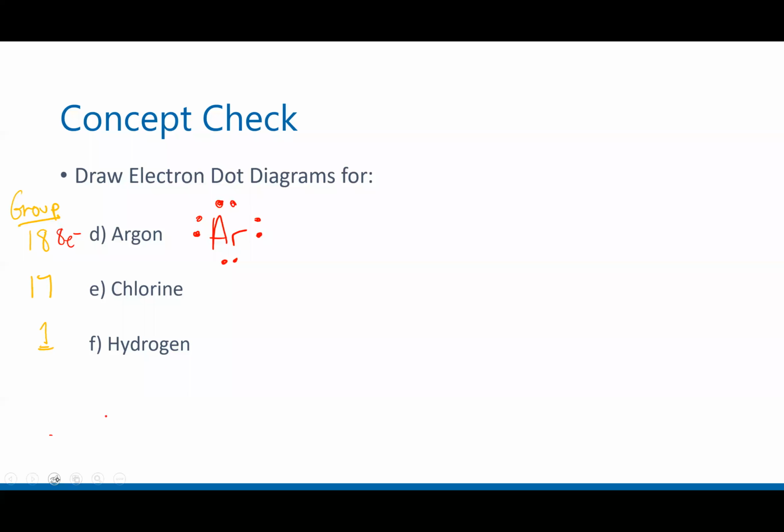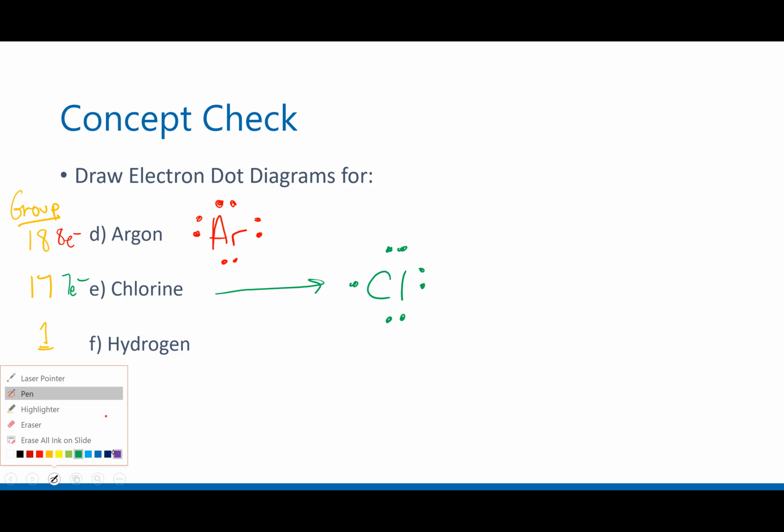Okay, chlorine, and I'm going to go quick because you had the answers. 7 electrons, so chlorine looks just like fluorine. I'm going to move chlorine over because I want to show you something. Okay, so there's my chlorine, and then hydrogen, the easiest of all elements because it's just 1 electron.